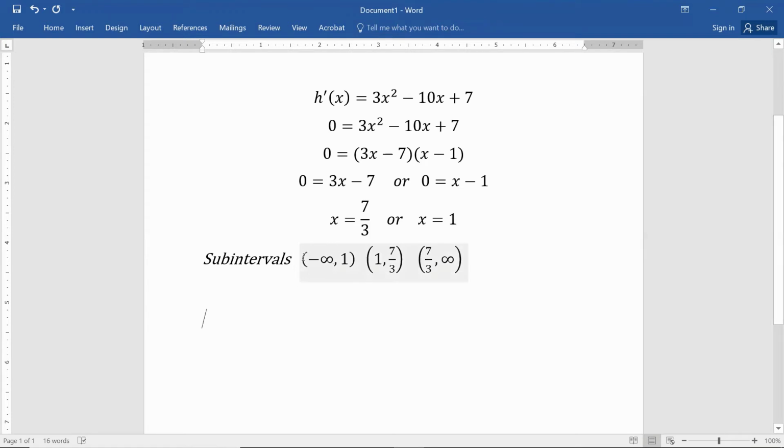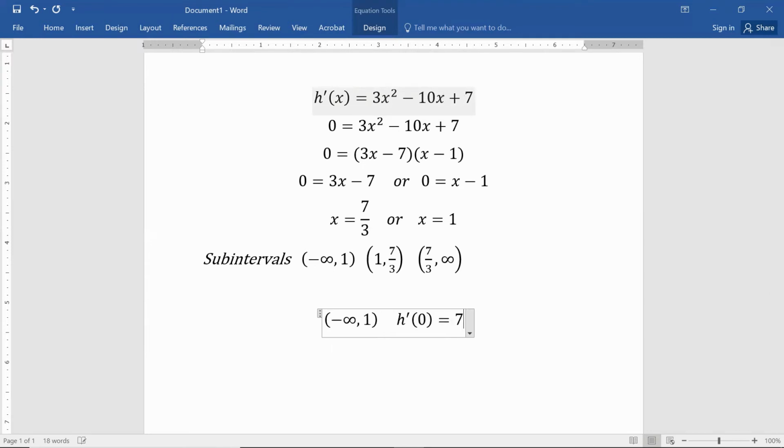Let's start with negative infinity to 1. We need to plug in some number in this subinterval. The number 0 works really nicely with polynomials. If I plug 0 into the derivative, I get out a 7.